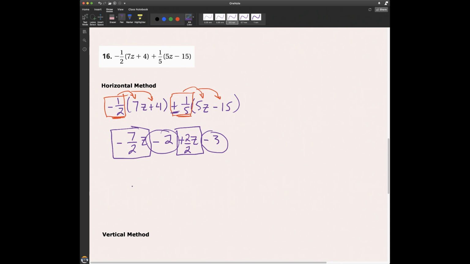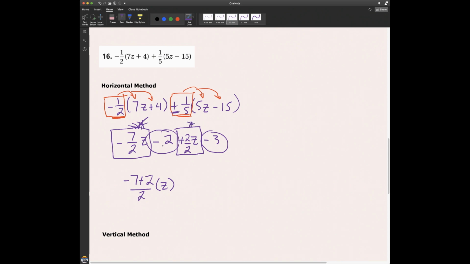So this becomes negative 7 plus 2 over 2, and all of that is multiplied by z. Okay? So I've combined this term and this term and this term.